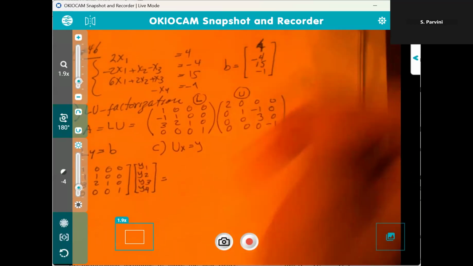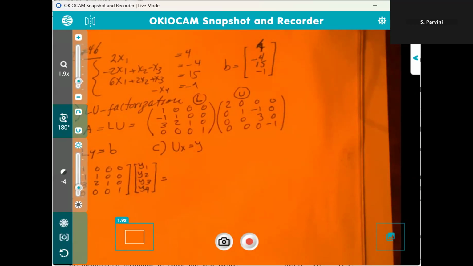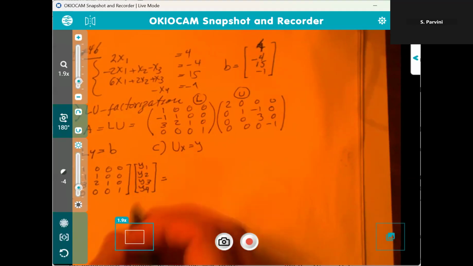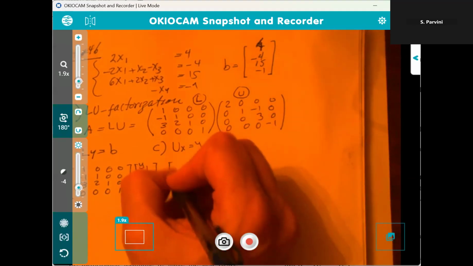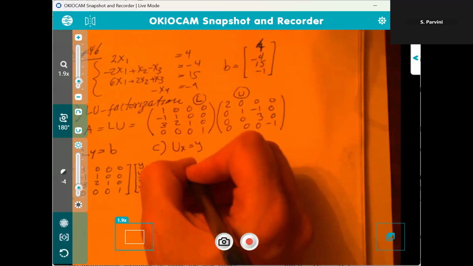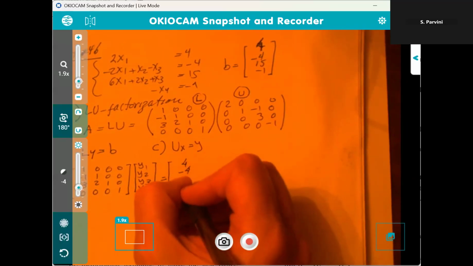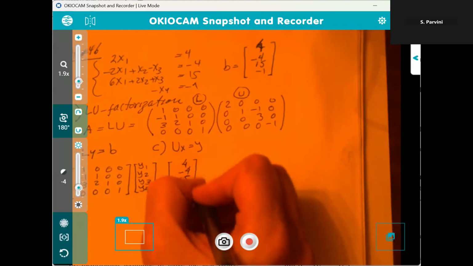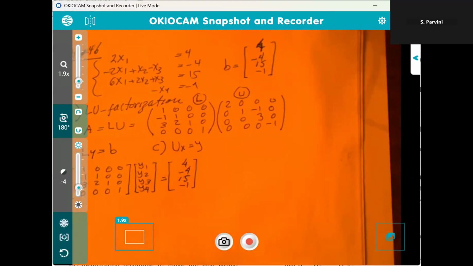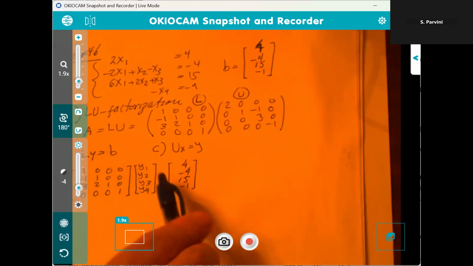Sorry, my 4 looks kind of weird. That's what the right side of this is. I'm just going to write a better 4, negative 4, 15, and negative 1. So here's Ly equals B.